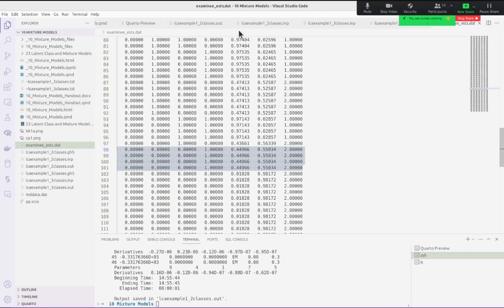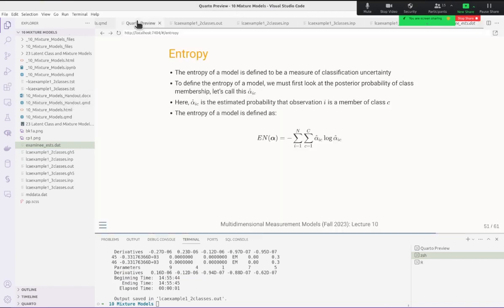Here's the thought. We can quantify how much uncertainty there is using this entropy formula. In original latent class analysis, entropy was a number that measured how much classification uncertainty there was. Basically, it's an index of how close to 1 each person's probability is.